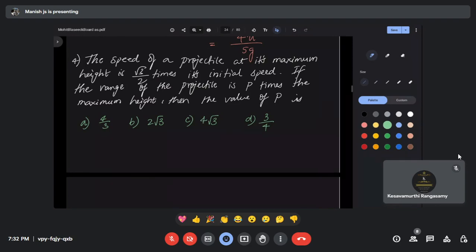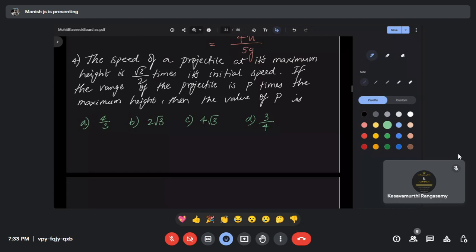Option B, sir. Okay, if you tell the value, it's easier for me. 2 root 3, right, according to you? Yes, sir. Okay, but unfortunately, that's not the answer.